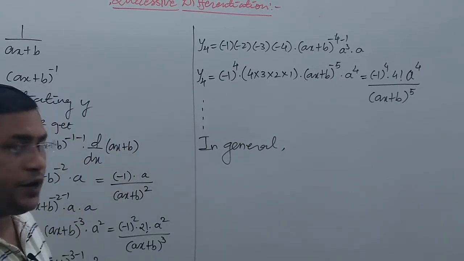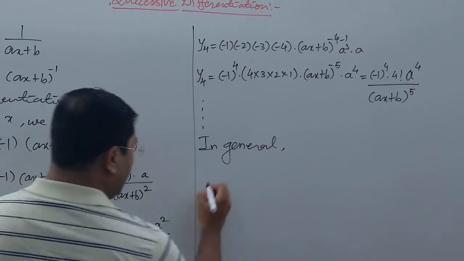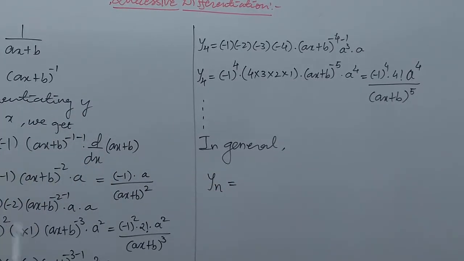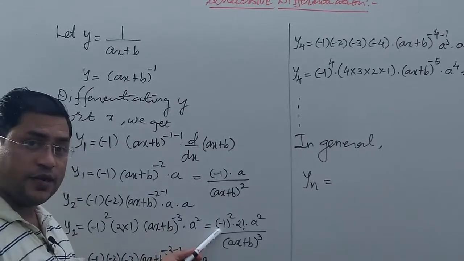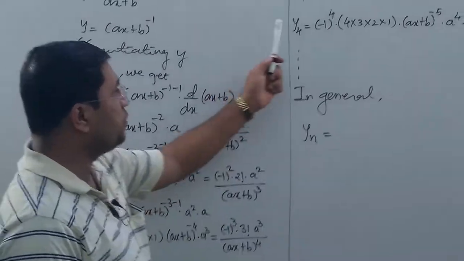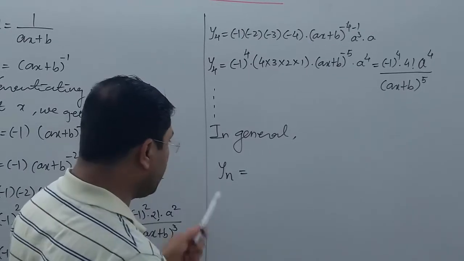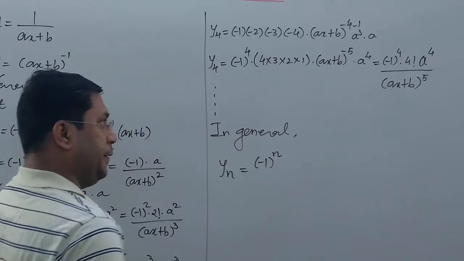Now we have to identify the pattern we are getting here. To find the nth derivative, see that for the first derivative we got minus 1, for the second minus 1 squared, for the third minus 1 cubed, for the fourth minus 1 raised to 4, and so for the nth derivative we get minus 1 raised to n.